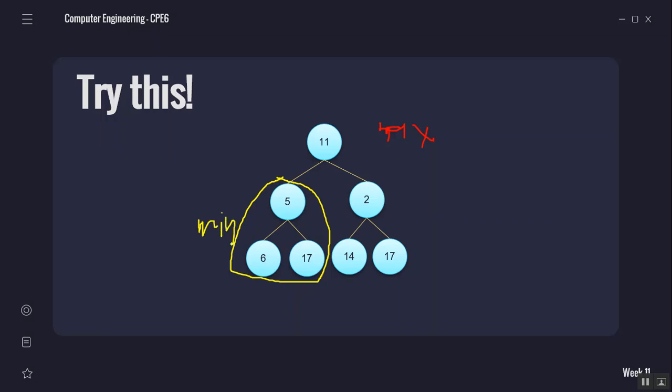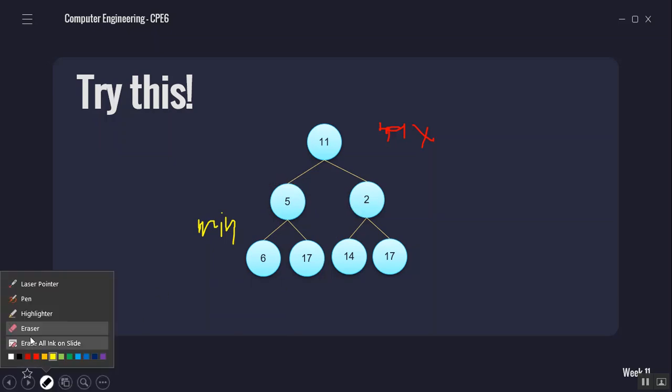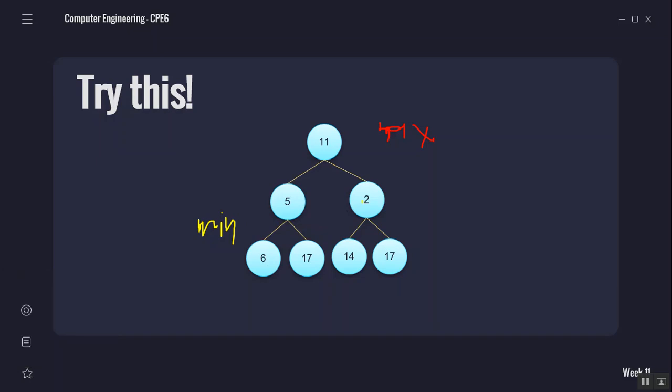Now how about the other tree? Let's say this right subtree. This is also a min heap because its parent node is lesser than its children.